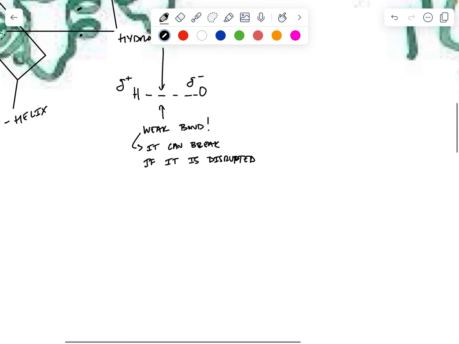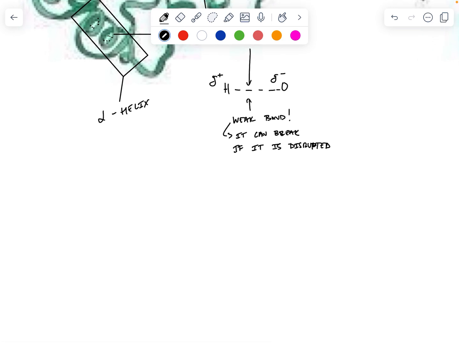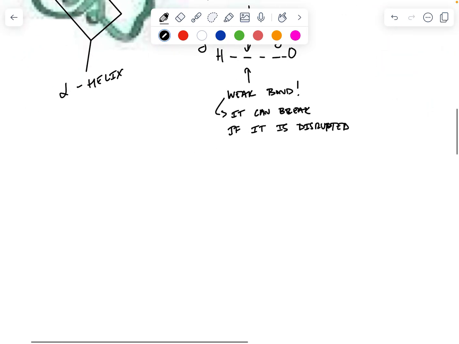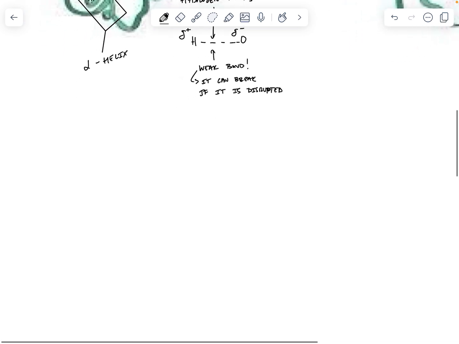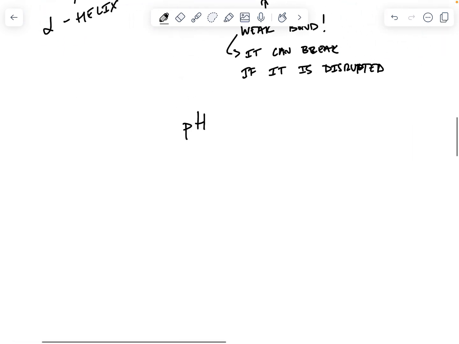There are a couple different ways to break hydrogen bonds. The first thing that can disrupt hydrogen bonding is the pH of a solution.